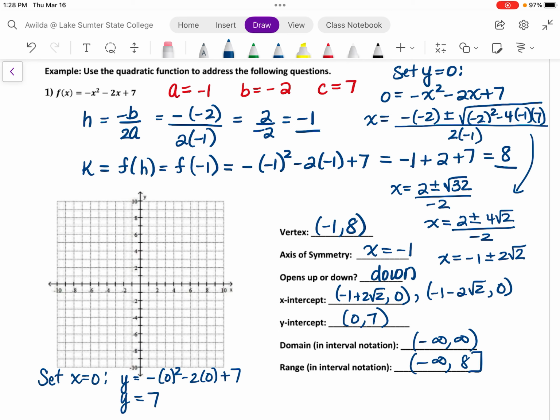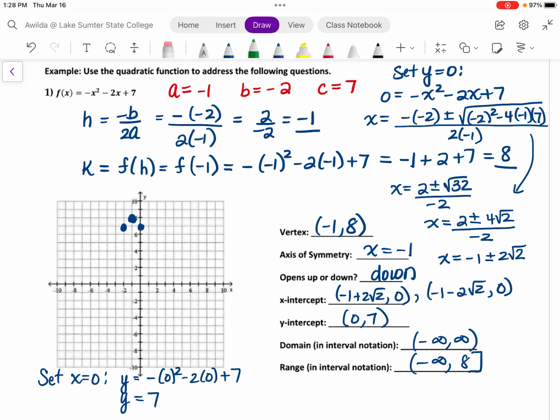Now let's practice graphing this quadratic function. First, let's start with our vertex at -1, 8. From there, we're going to open down. We have the y-coordinate of the y-intercept at 0, 7. Using symmetry, we'll have another one right beside it.